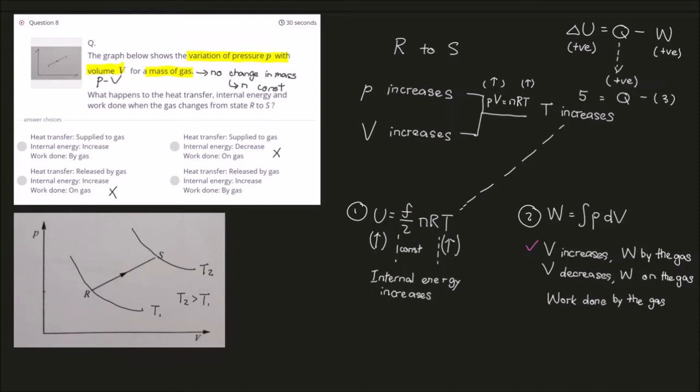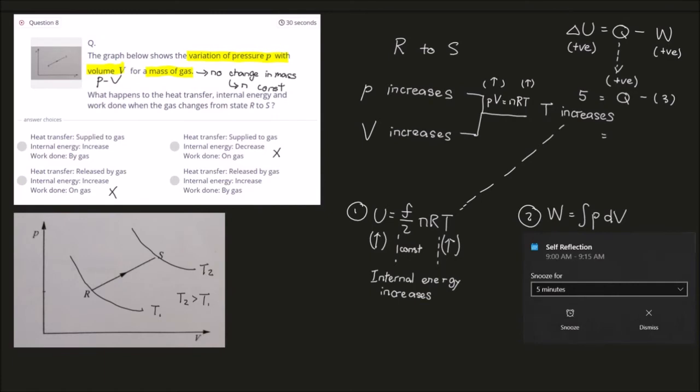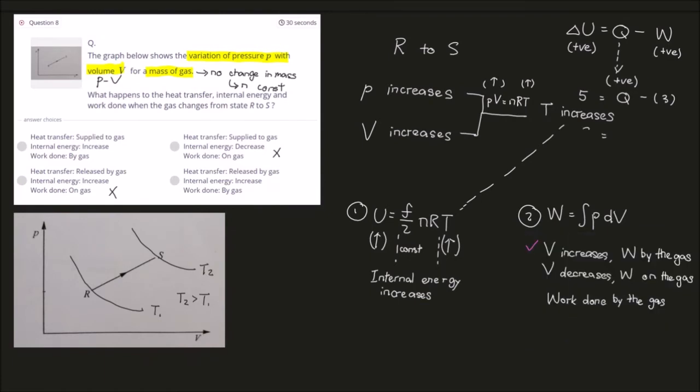It's impossible for Q to be a negative number, because no matter what, you have to bring the 3 to the other side, then it will be a plus. So it will definitely be larger than this value, so Q has to be positive as well.